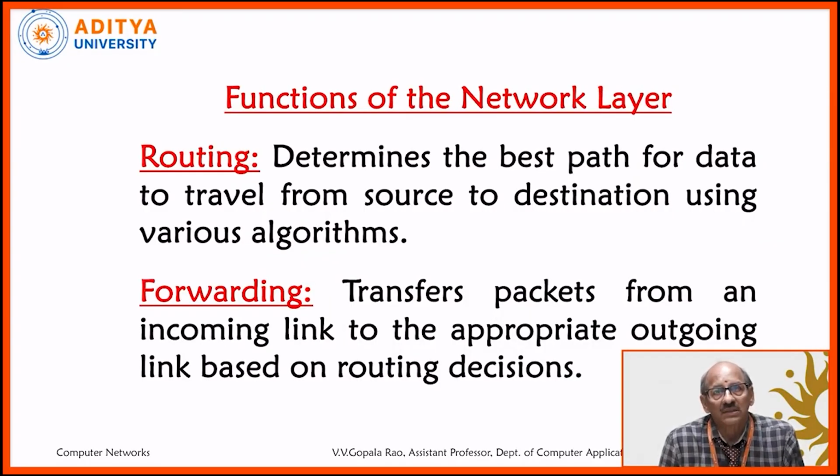There are three important characteristics we have to consider to say that the path is the best path. The path should be economical, reliable, and efficient. If all these factors are satisfied, then you can say that the path is the best path.